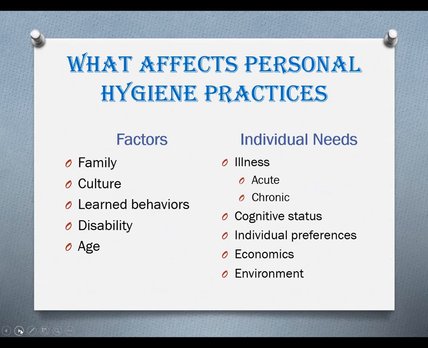They could have a cognitive impairment. Individual preferences as to when they would like their hygiene to be completed, like what time they would prefer their shower or a bath. Some others include economics, maybe they are not able to afford it, and then the environment.